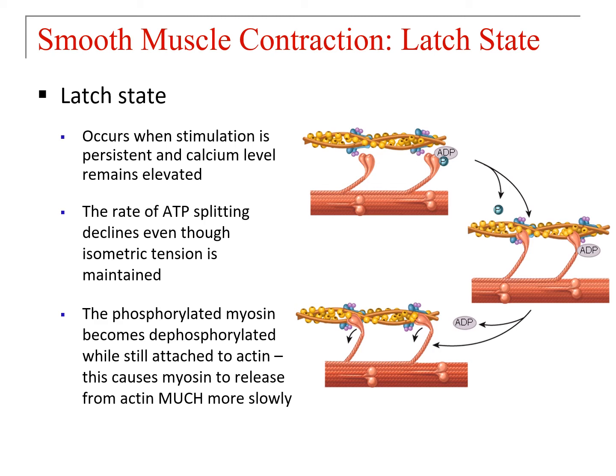Now what happens during these conditions is that the rate of ATP splitting will actually decline, yet isometric tension is maintained. And so isometric tension meaning that there's still tension, but the length of the muscle is not changing.